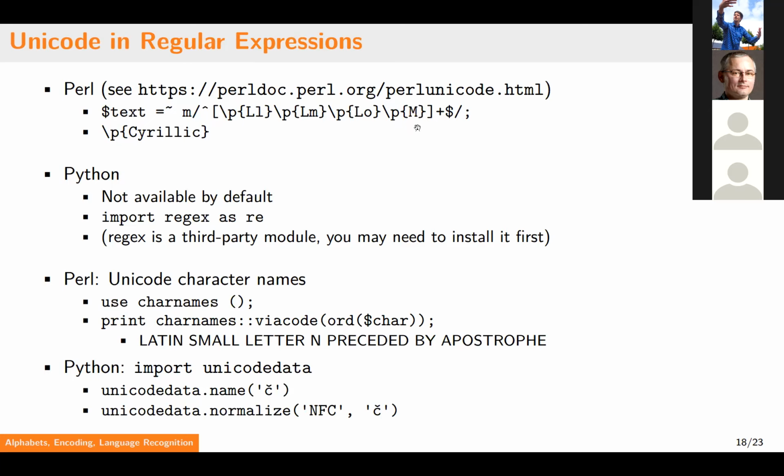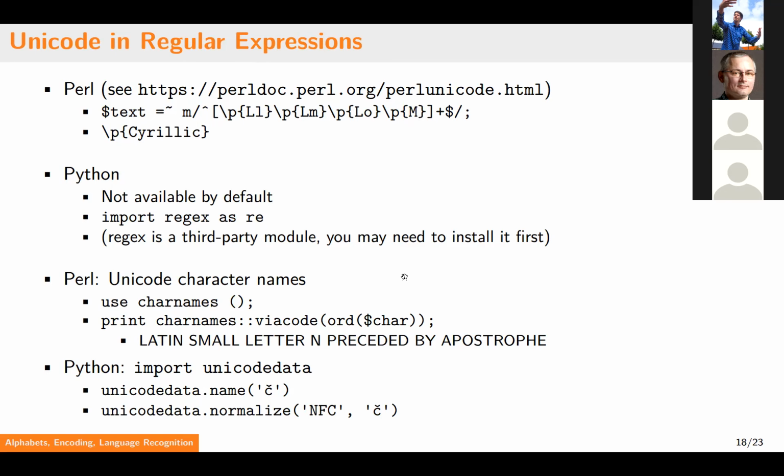And this is the mark, I guess. And you can have a similar regular expression extension in Python as well, but it's not available there by default. So you would have to import regex and use it as the regular expression engine. But it's a third-party module, so you would have to install it first if you don't already have it.